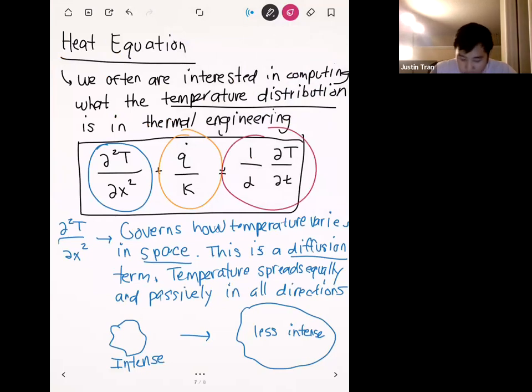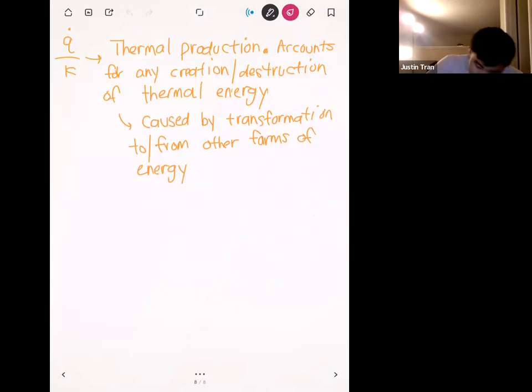All right. And the last term of the heat equation here is this one, which is our unsteady term. It's the term with the time derivative. Since we have a derivative of temperature with respect to time, which is really hard to describe because they're both T's, if you're listening without looking at the screen, I'm going to say dT dt, which seems like it makes no sense, but it's d capital T, d little t.